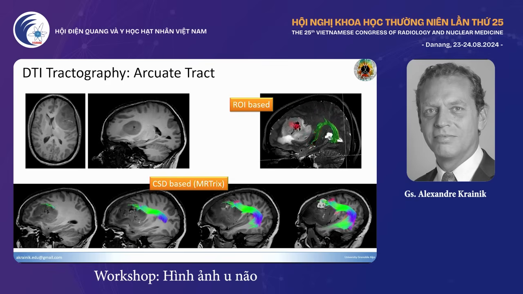And when you use this good old method with these seeds, which are ROI-based, but when you use a different technique, mostly based on statistics, you see that you can identify a part of the tract which is going inferiorly to the tumor, but also a part of the tract which is going superiorly to the tumor. The fact is that probably the truth is in between.